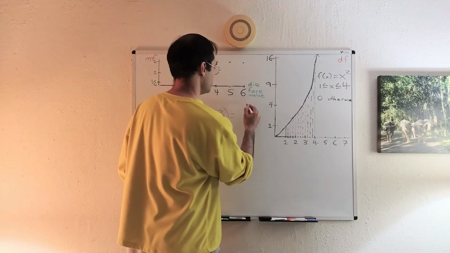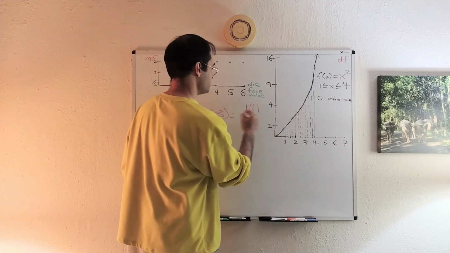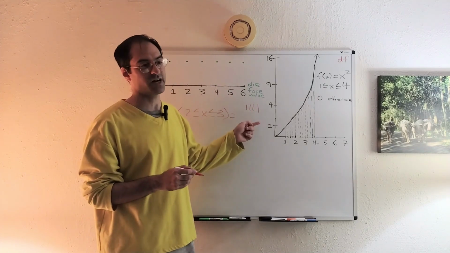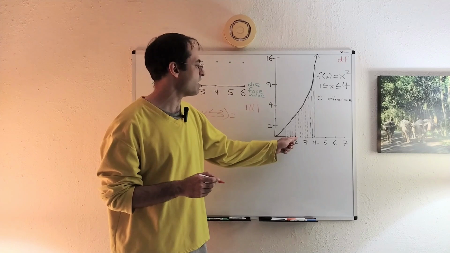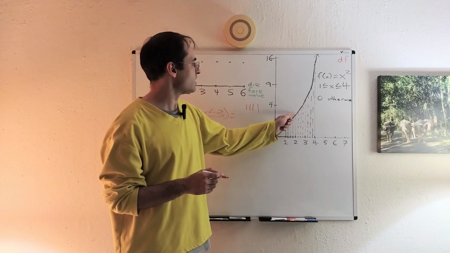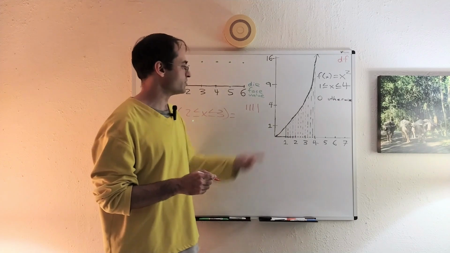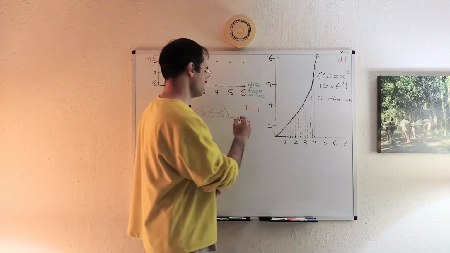I'm just going to denote it with the red lines here. This is not a number, I'm representing it with 4 lines, but it's not 4 lines. It's actually all of these lines here, the values of f of x, in between 2 and 3. So there's an infinite number of them.